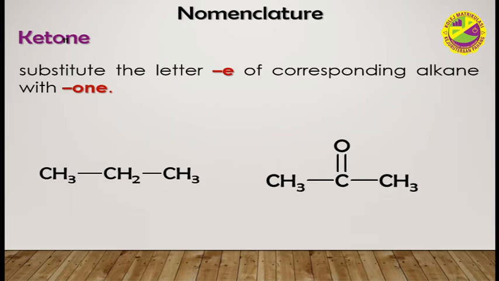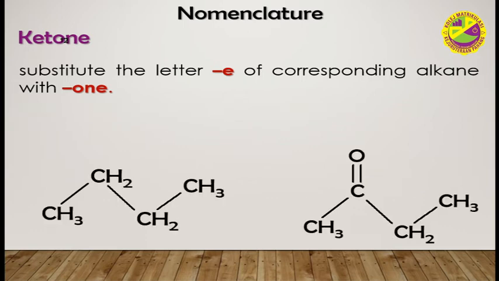If we change the E into -one, the name will change to propanone. Second example, we have butane on the left side. So, the name butane will change to butanone for the structure on the right.